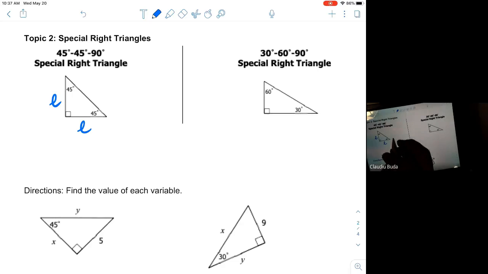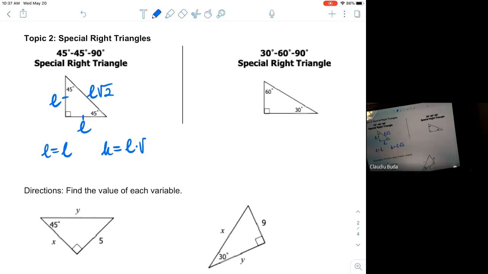Those two are the legs, so the legs are equal and congruent. And the hypotenuse is equal to the leg times square root 2.